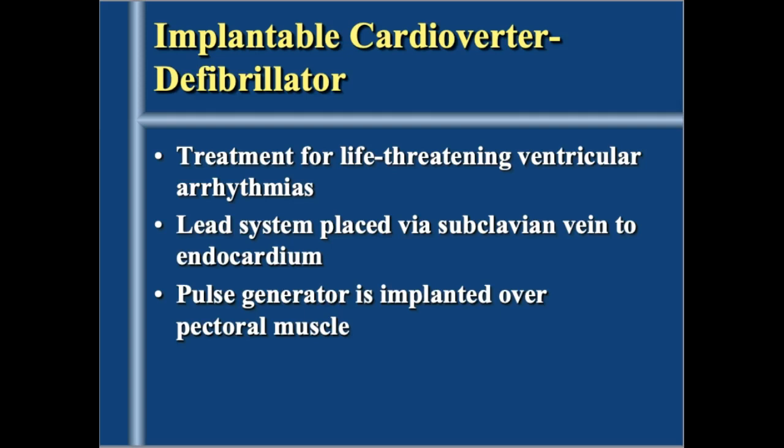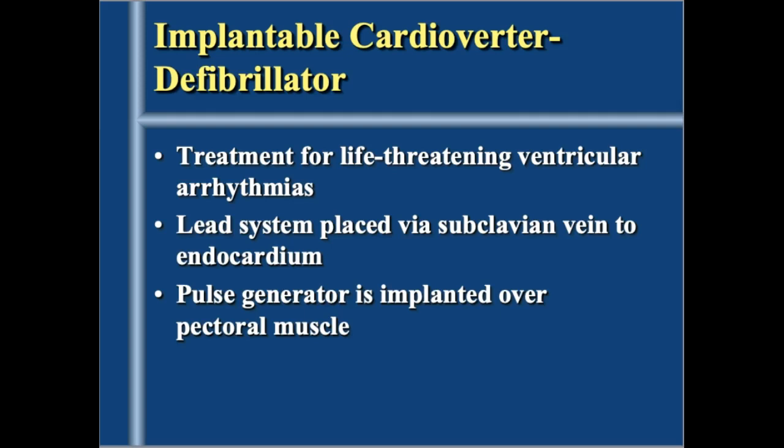So some people get implantable cardioverter defibrillators. If they've got some kind of cardiac issue that makes them prone to life-threatening ventricular arrhythmias, they place the pulse generator. It's implanted just over the upper chest, in the same spot as a pacemaker, and it will fire if they go into VTAC.